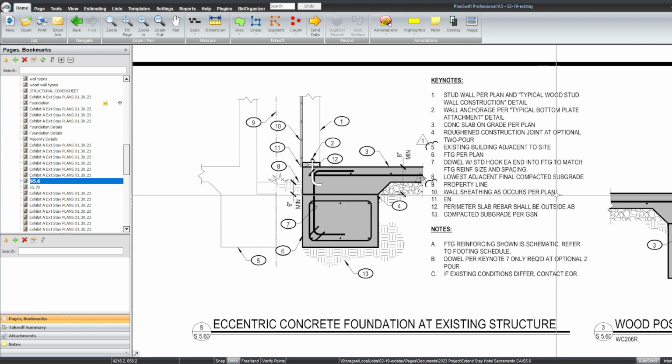Wall sheathing occurs per plan, so that's that SW most likely. 2, anchor bolt, typical bottom plate attachment. Okay, so we're gonna place all that prior to. 2, 12, perimeter slab rebar shall be outside AB.